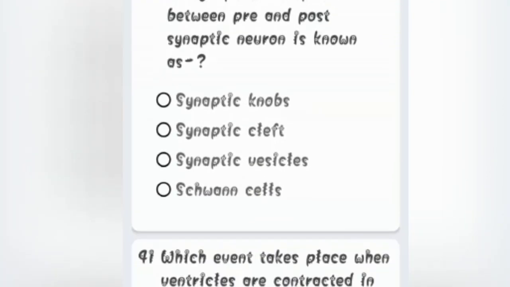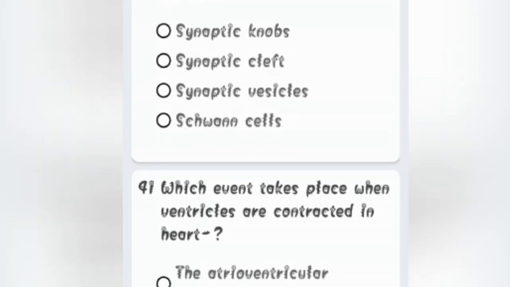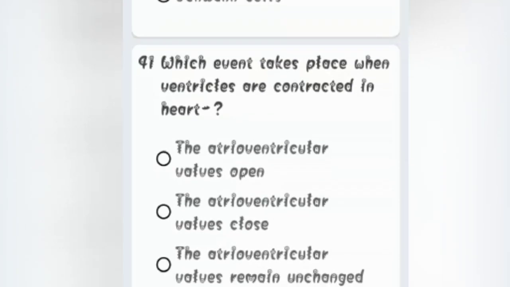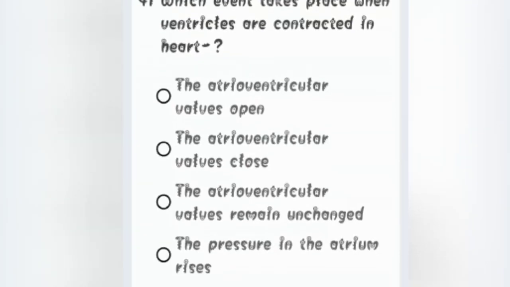Next question 40, that is at synapses the space between pre and postsynaptic neuron is known as option A synaptic knobs, option B synaptic cleft, option C synaptic vesicles, and option D Schwann cells. The answer of this question will be option B, that is synaptic cleft. Next question 41.